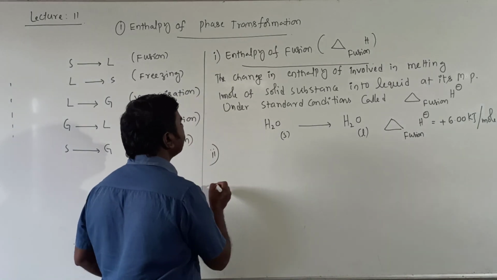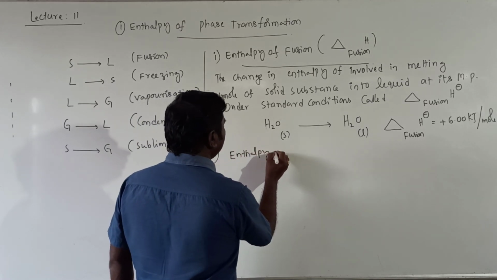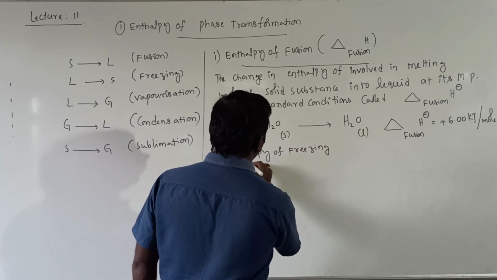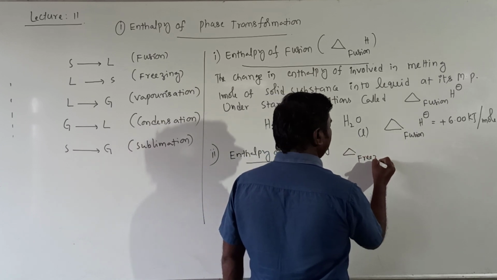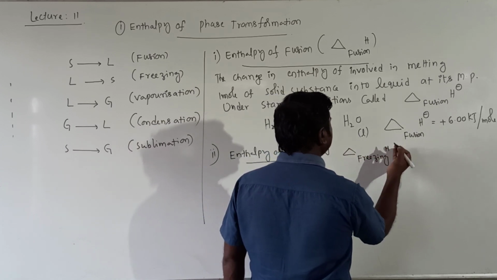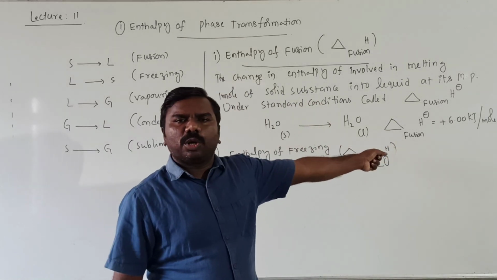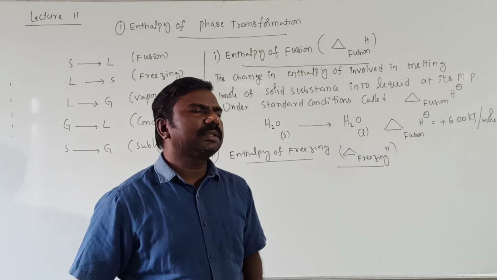Second one is enthalpy of freezing, indicated as delta freezing H. If you keep the naught, it is standard enthalpy of freezing, same thing, students.